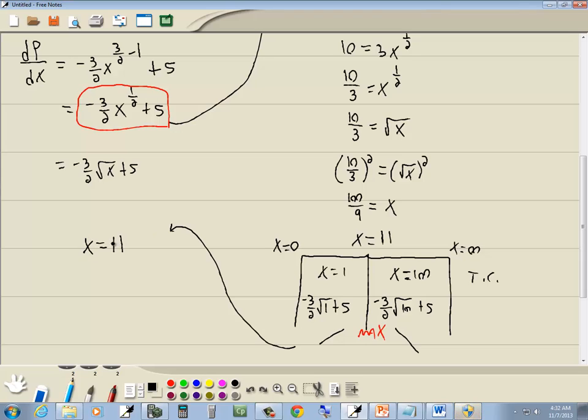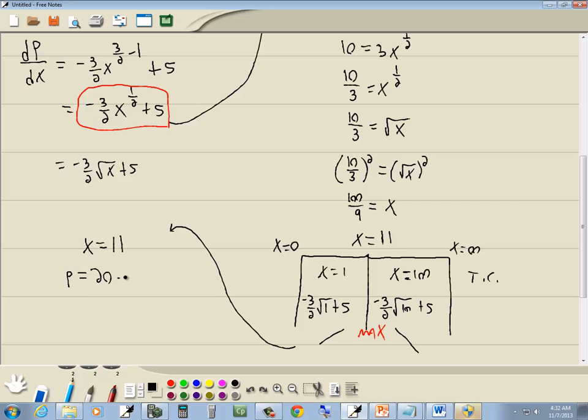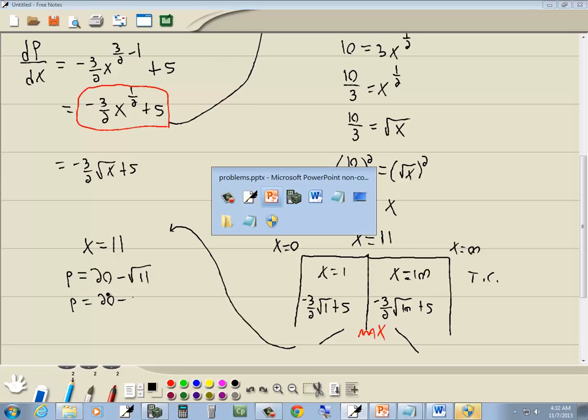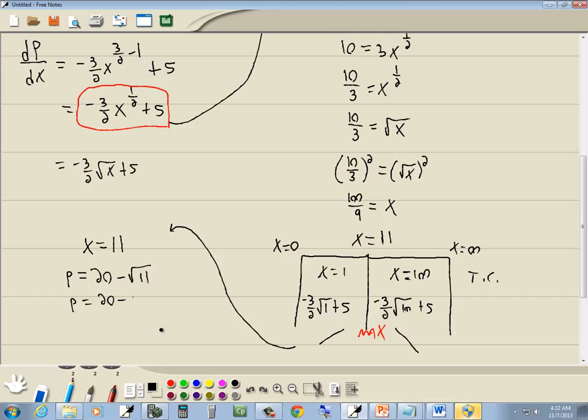So we got x is equal to 11, and we're going to plug that into little p, which is 20 minus square root of x. So we got little p is equal to 20 minus square root of 11, second x squared, 11, enter, 3.32.